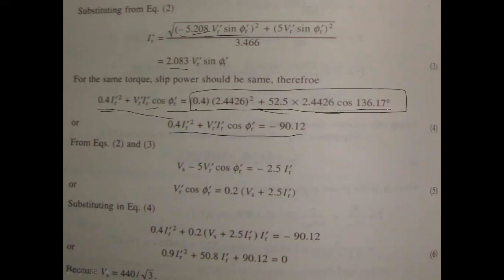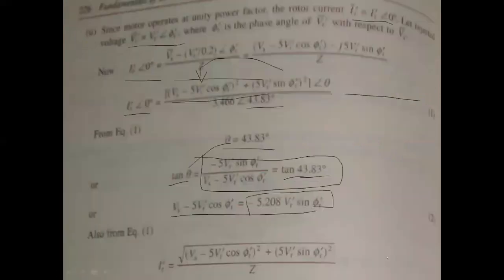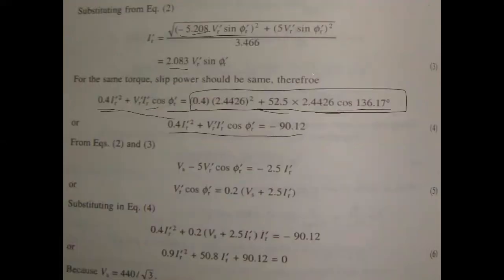So from equations 2 and 3, this is the second equation. And from equations 2 and 3, I can make them both equal because both are RR dash values. So Vs minus is equal to 2.5 IR dash. So VR dash, again we are forming an equation.